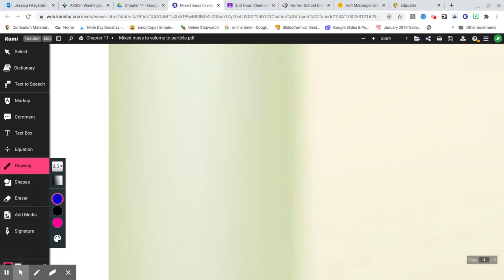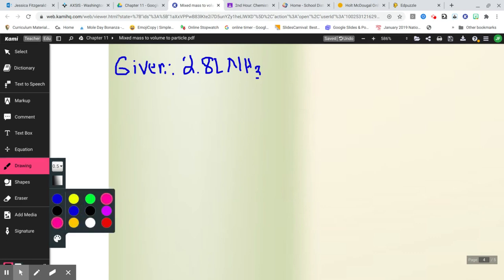So we are given 2.8 liters of NH3, ammonia. And let's see, this is going to be substance A on your double mole diagram.